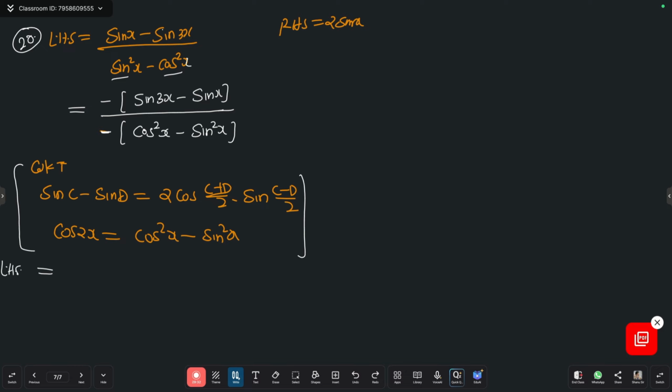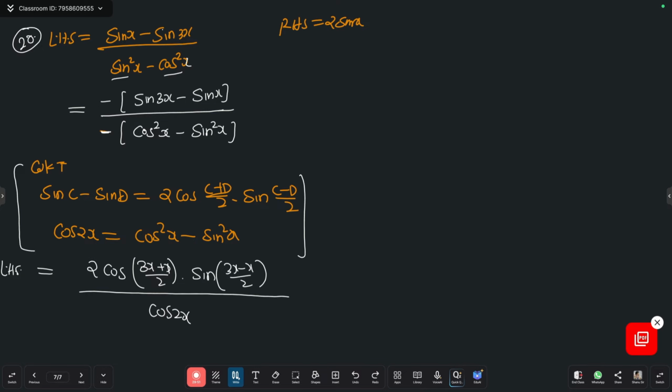After that, what is your left hand side remaining? Apply, the minus already cancelled. Sin C minus sin D is 2 cos (C plus D) by 2, so 3x plus x by 2 into sin (3x minus x) by 2 upon cos 2x.